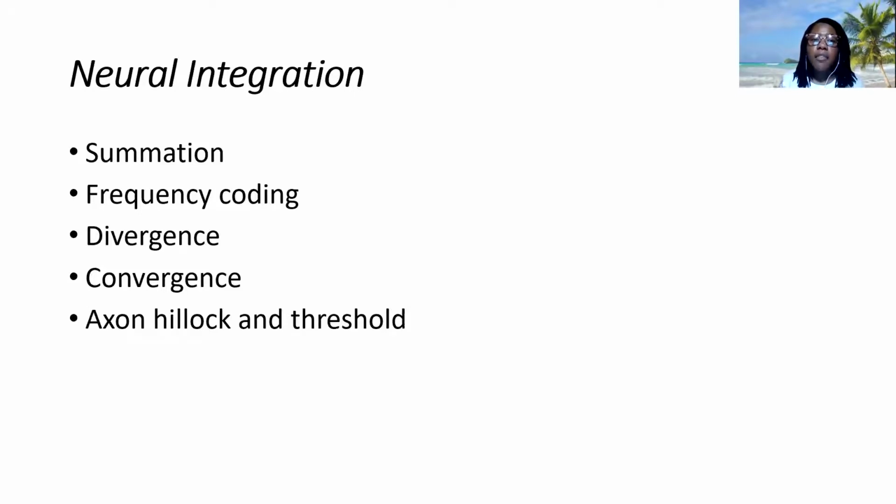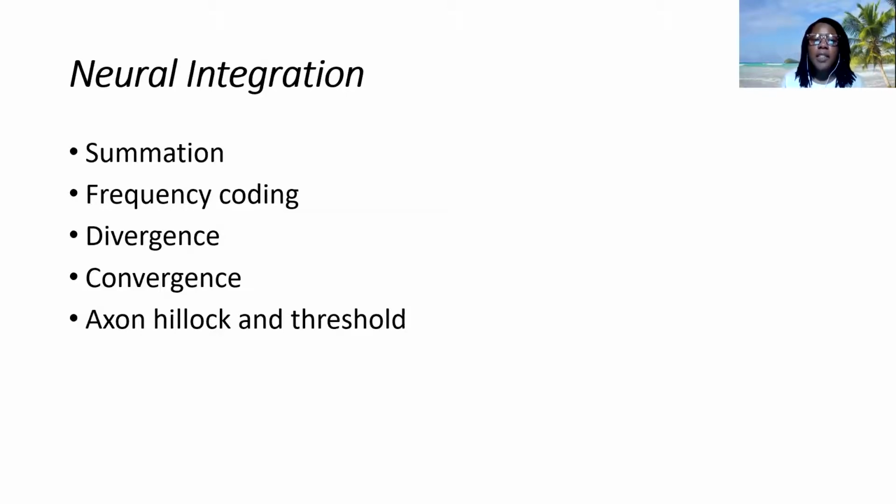There's also the idea of frequency coding, right? If we speed up the frequency of action potentials, this translates to more neurotransmitter, which can increase the degree of our signal, the degree of the neurotransmitter released and the graded potential on the subsequent neuron. There's also the idea of divergence and convergence, because we have a lot of different neurons synapsing onto each other and onto other neurons.